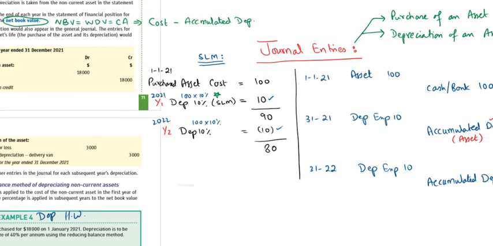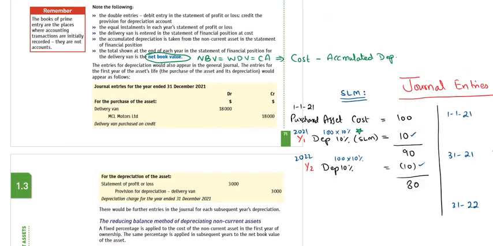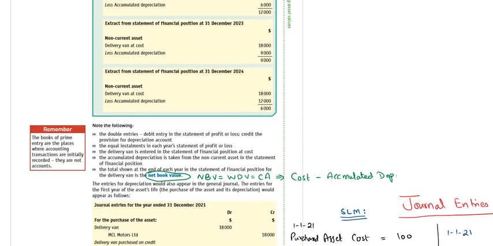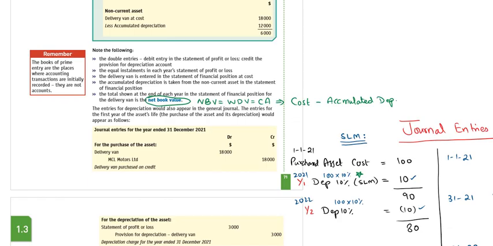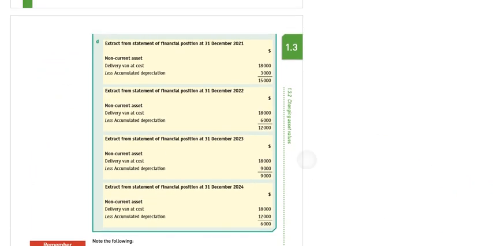Okay, so here is the question. Journal entries for the year ended 31st December 2021.